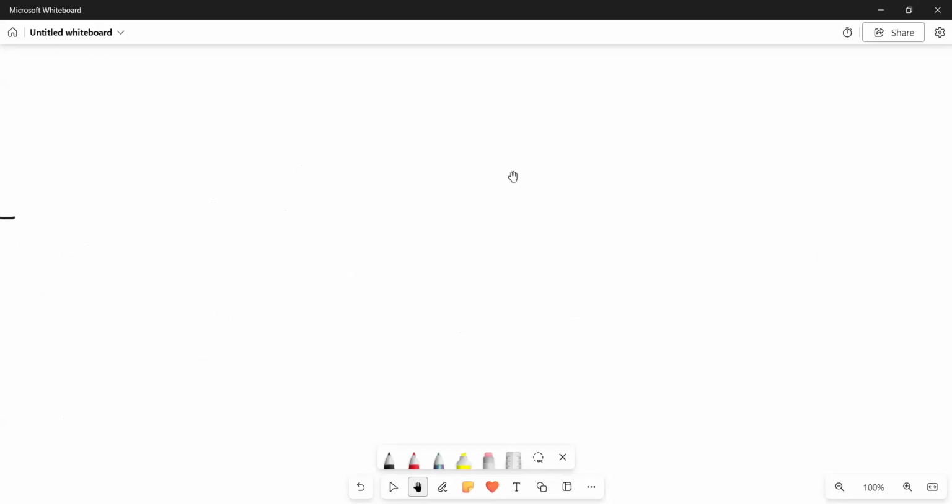Let's take another. Let's go in order. 4a squared b, no, let me put a division sign here, divided by 2ab multiplied by a squared b squared. Look at this one.